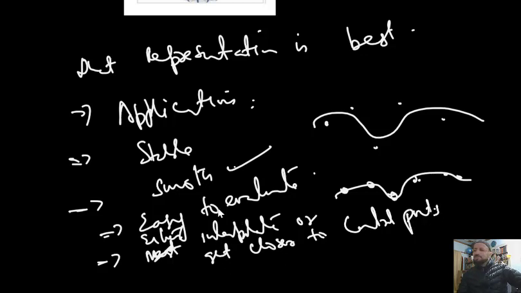So you have to choose a representation in a manner that exactly interpolates, that means the points are exactly on the curve, or they come closer to the control points. So you choose that kind of representation, right?